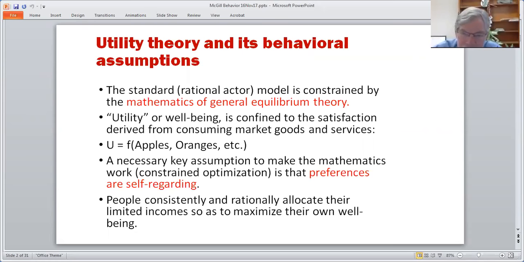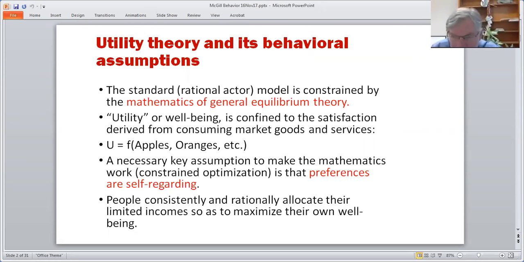So economists start with utility, which is generally broadly defined as well-being, anything that makes us happy. But then you go from there to a consumption function. It gets narrowed down to what makes us happy is buying things in markets, things that can have prices: apples, oranges, and so on.